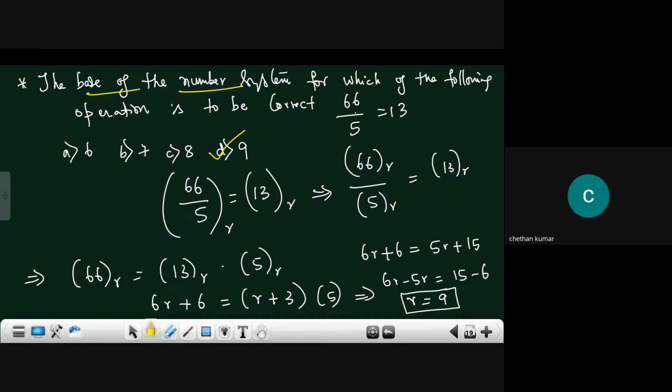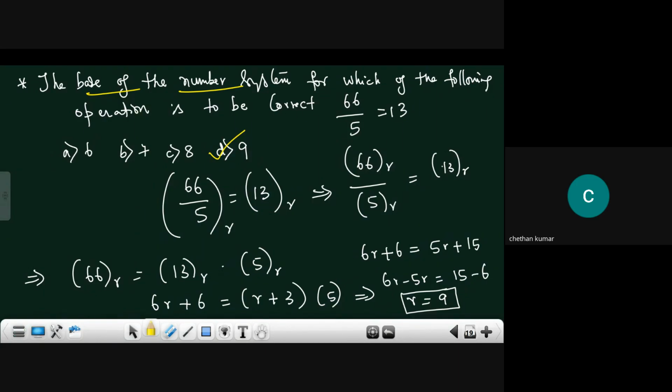To solve this problem, I need to find the base, so I write 66 divided by 5 with the base of r, equal to 13 with the base of r. The whole bar is there, so this base is applicable to 66 and also 5.